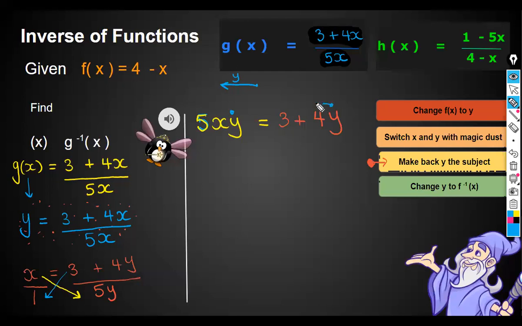So you see Mr. Positive 4y here? Let's just throw him across. So you're going to end up with 5xy minus 4y is equal to 3. Let me know, are we good up to there? That we are trying to isolate the y's.